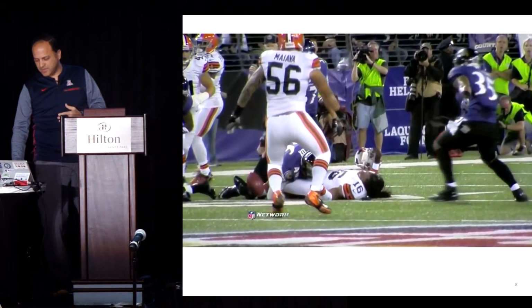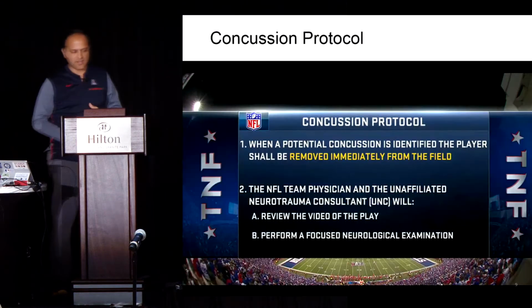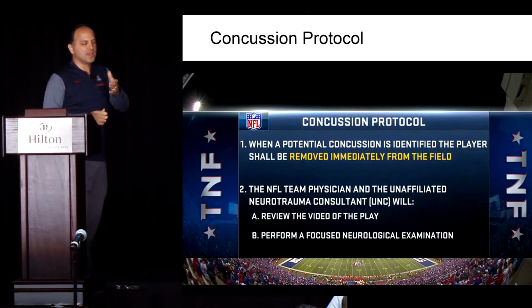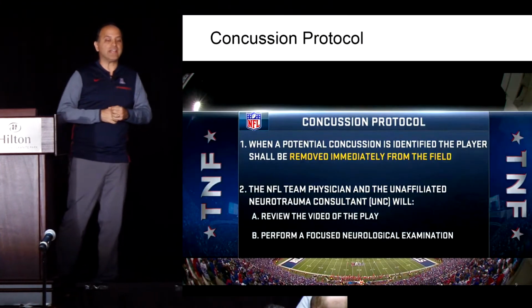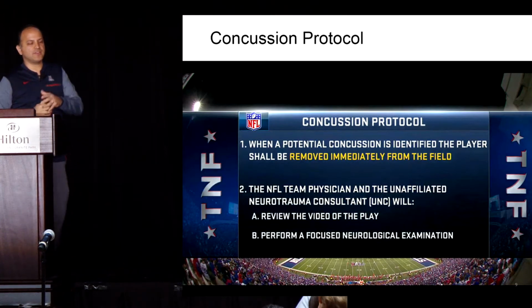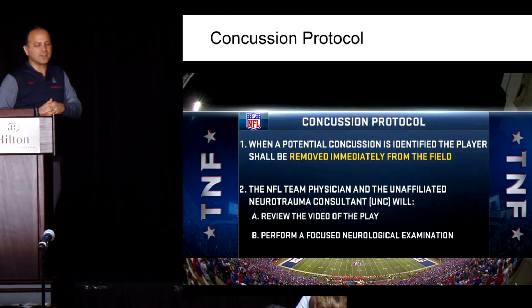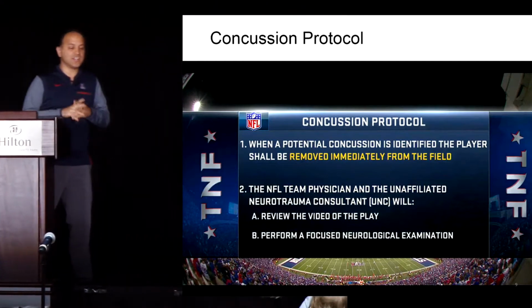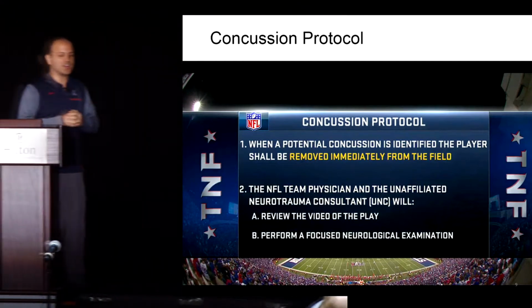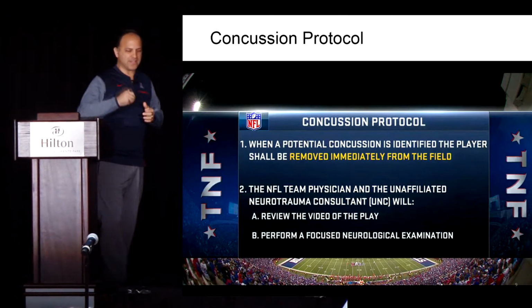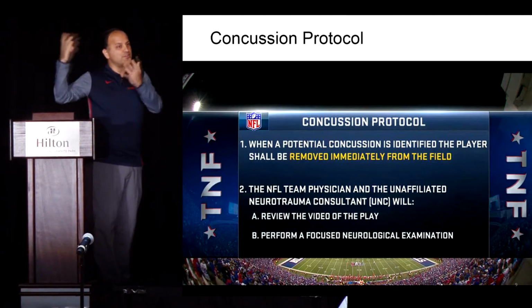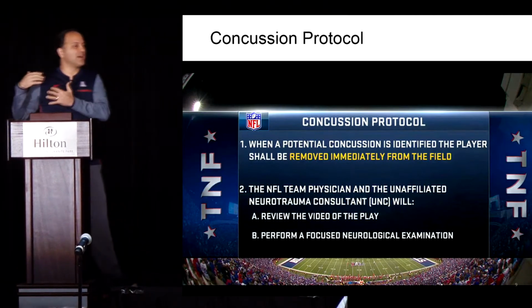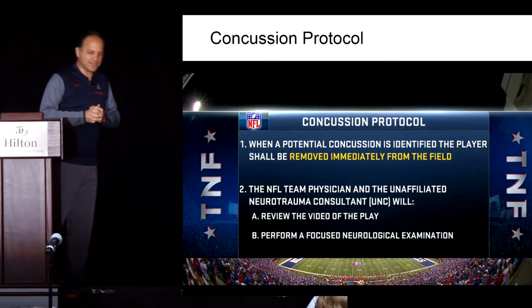So beyond the baseline that happens preseason, there's actually a protocol during the game. So the first step in that protocol is whenever they think that a player has had a concussion, they suspect that they've had a concussion, they remove them from the field immediately. Okay? And if your helmet comes off, you also get removed from the field automatically.